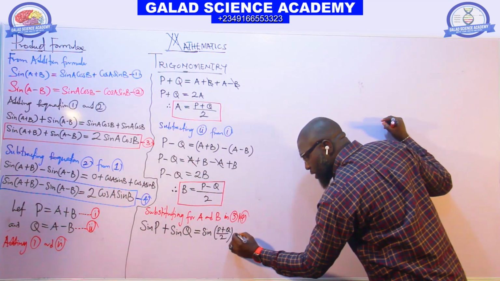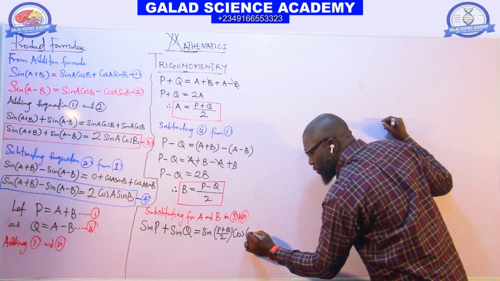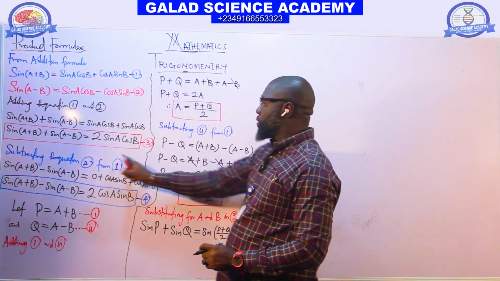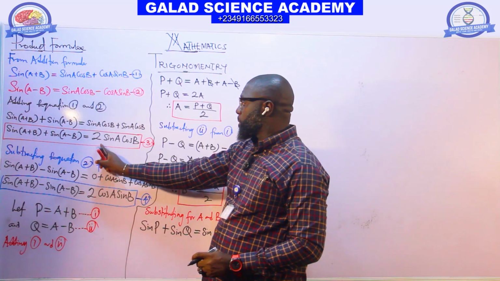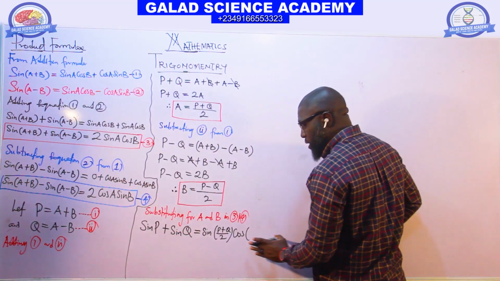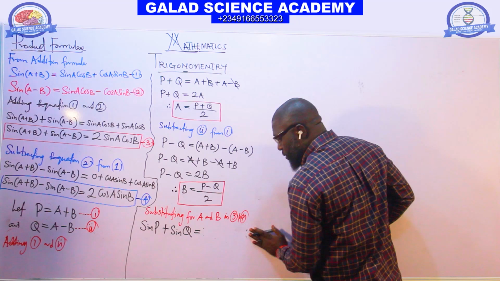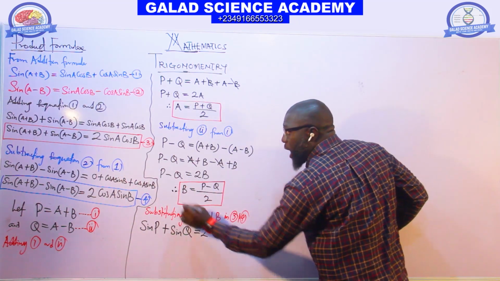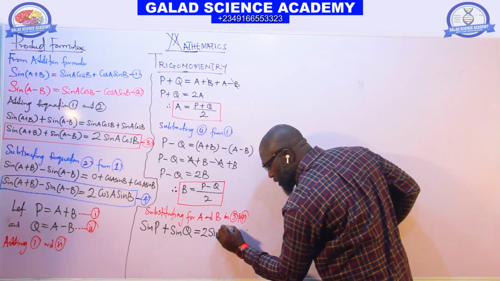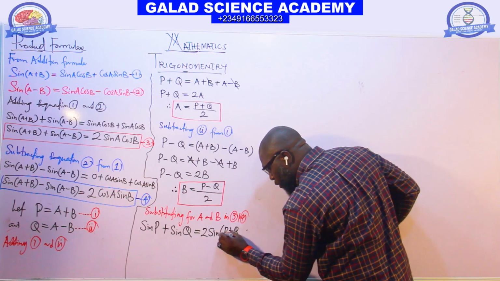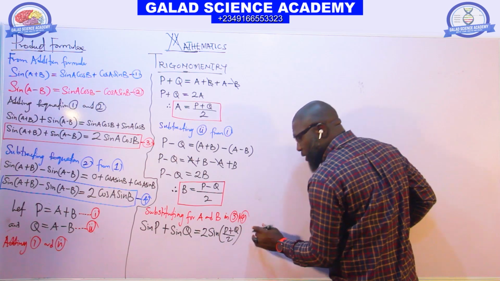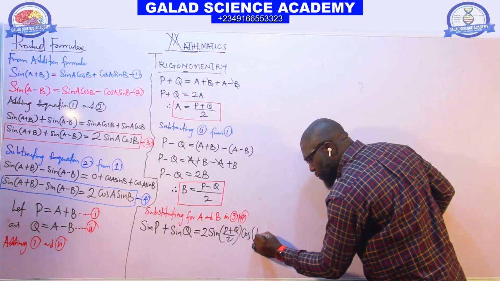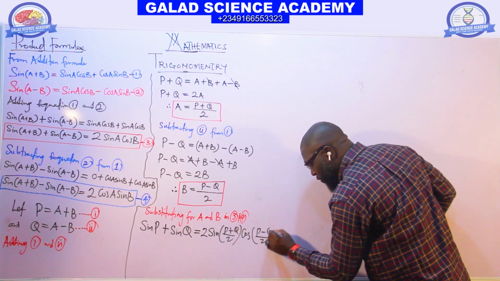Here we have cos angle of, sorry, it's a mistake here. This is 2 sine angle of P plus Q over 2 and cos angle of B, which is P minus Q over 2.